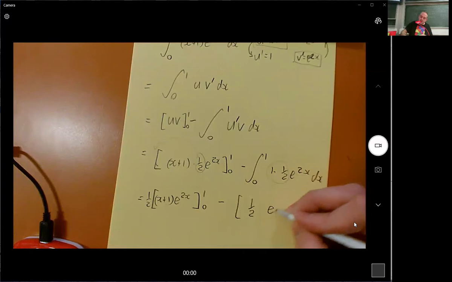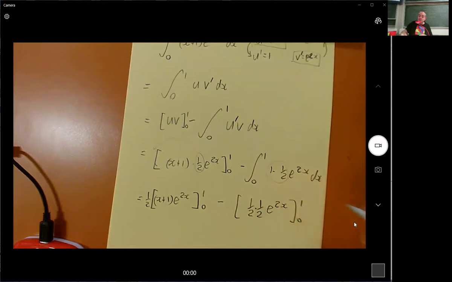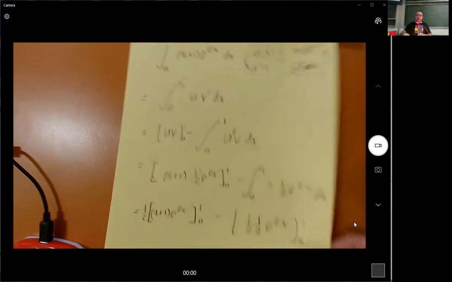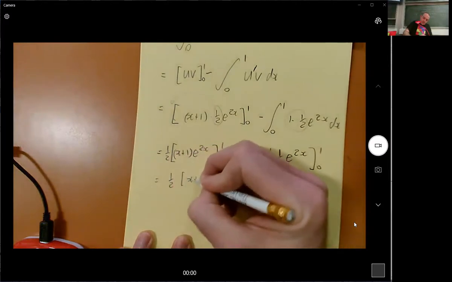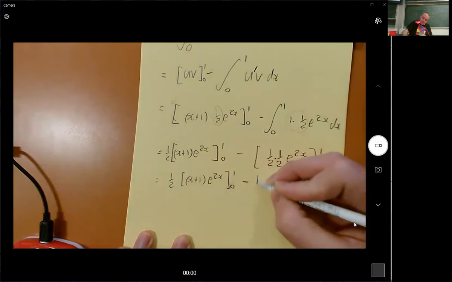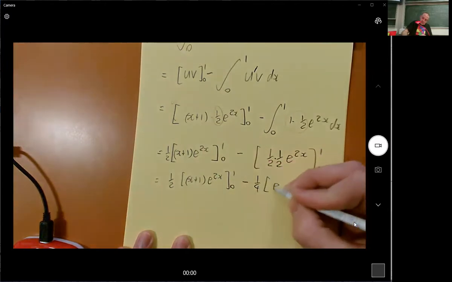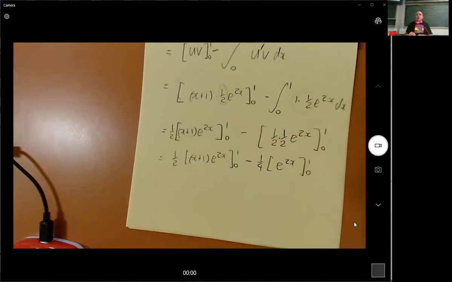And then the e to the 2x will go up to e to the 2x, and then I'll have to divide by that 2 because of that reverse chain rule. Okay, so I've got a half of, and so I'll sub it in, see what I get.